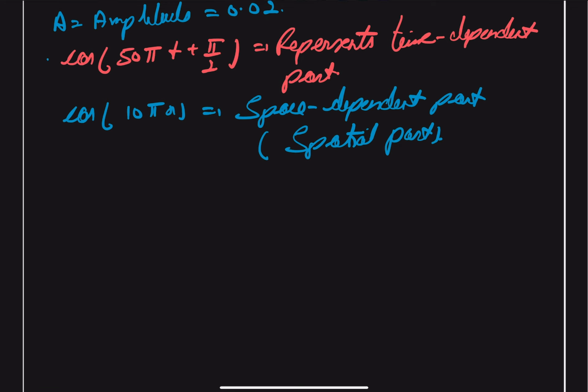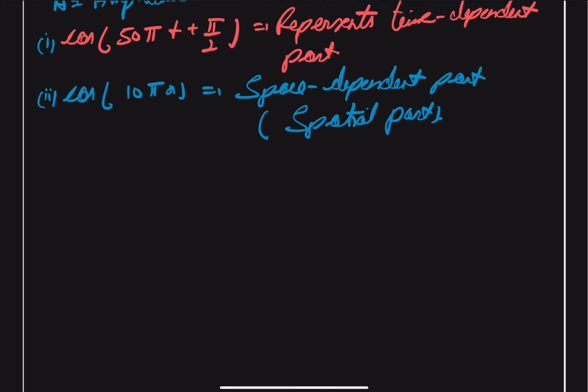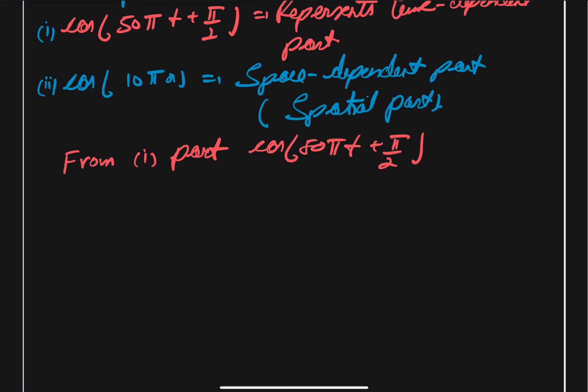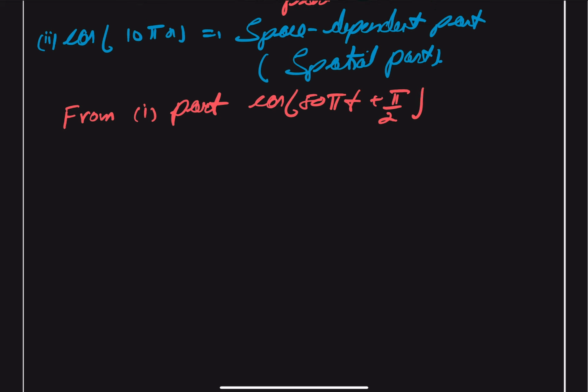So this is our first component, and this is our second part, and we are going to make use of these parts in order to find out the wavelength as well as the speed. From the second part, which is cos of 10 pi x, we can easily find the wave number, which is represented as k.